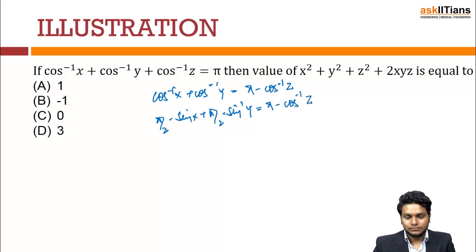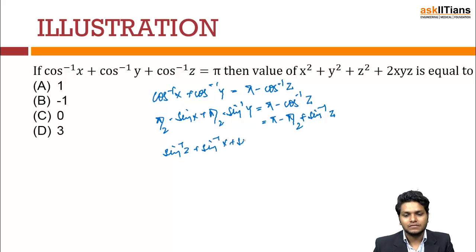So equating further, I'll write it as pi minus pi by 2 plus sin inverse z. So 1 pi by 2 is going to cancel with 1 pi by 2. I'll be left with sin inverse z plus sin inverse x plus sin inverse y, and that will be equal to just pi by 2.